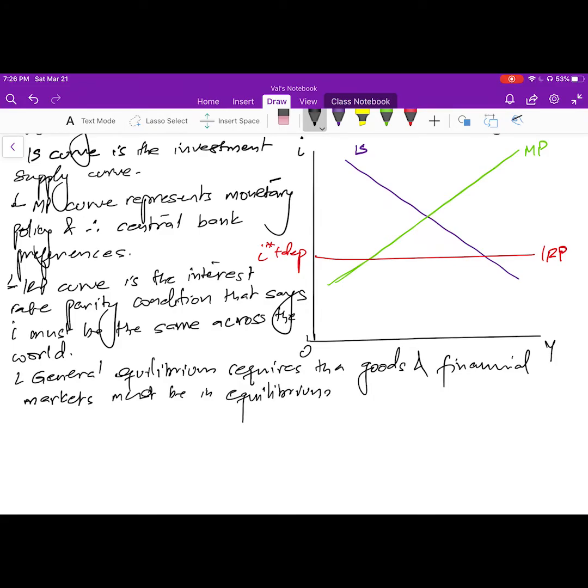The goods market is of course the IS curve. The financial market is of course the IRP curve.